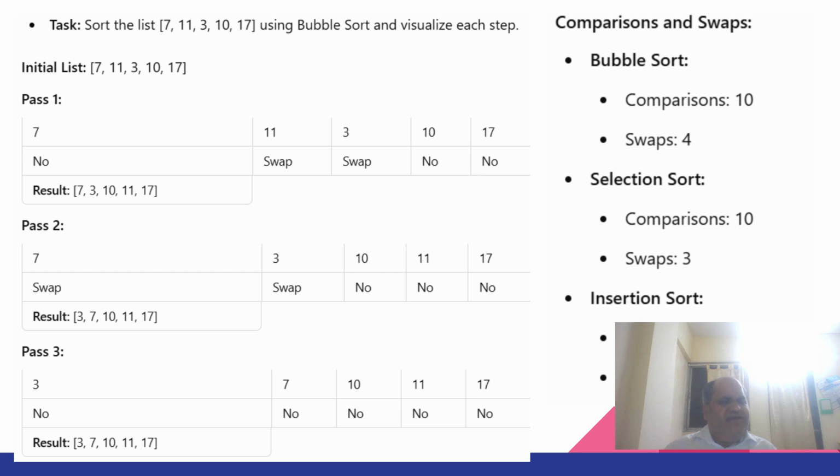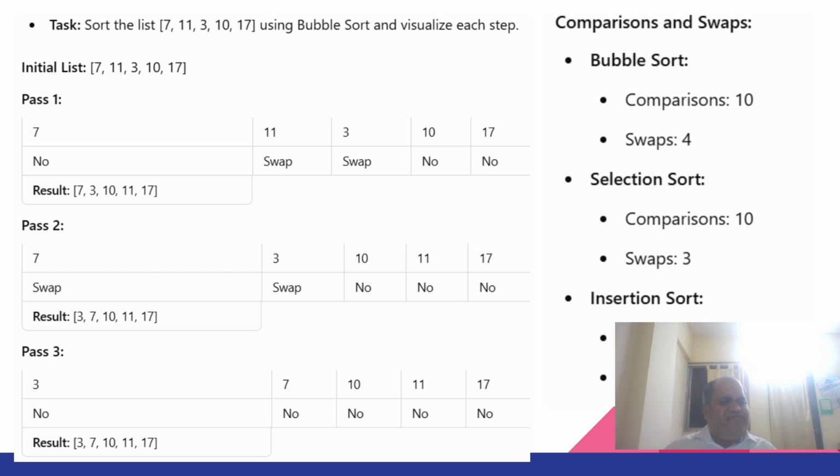That is fine. And so what we'll do here, we'll compare 11 and 3, right? So it becomes 7, 3, 11, and then we compare 11 and 10, so it becomes 10 and 11, and then 11 and 17, right? So they will be in order.